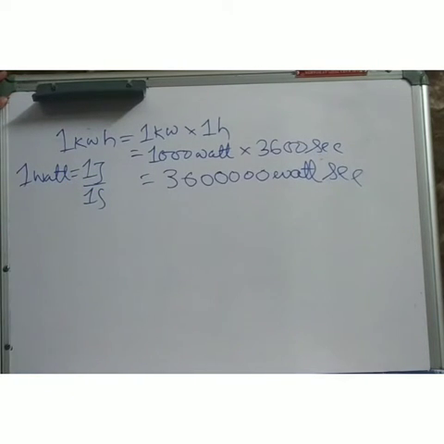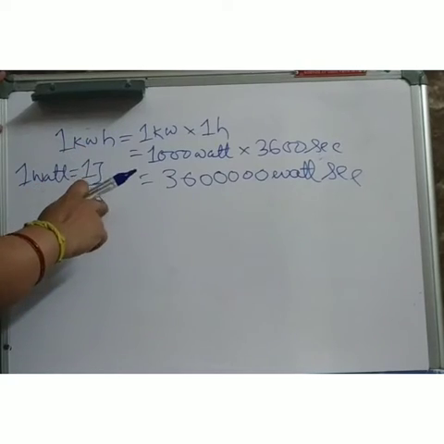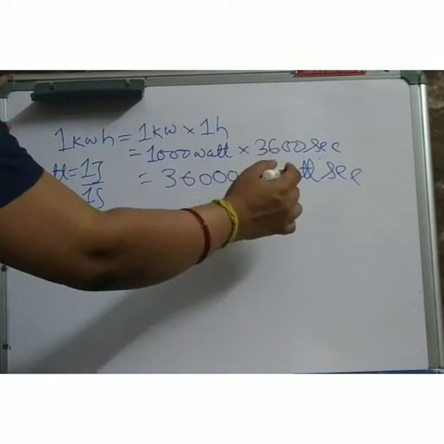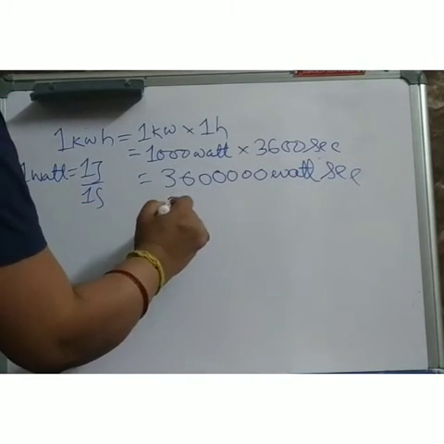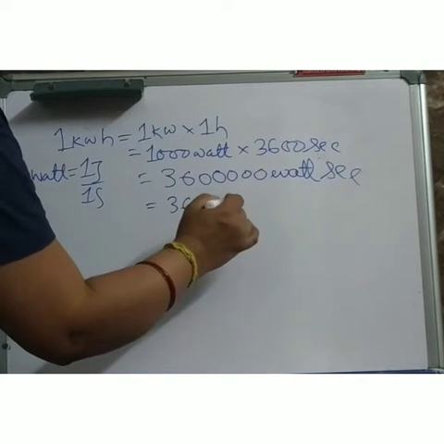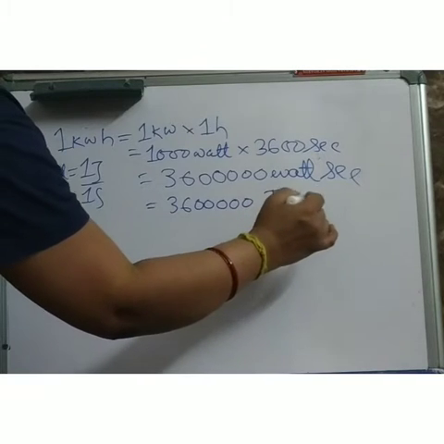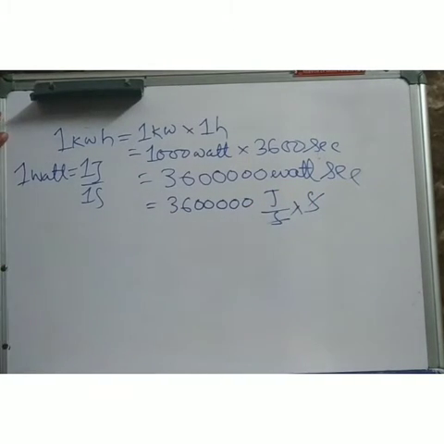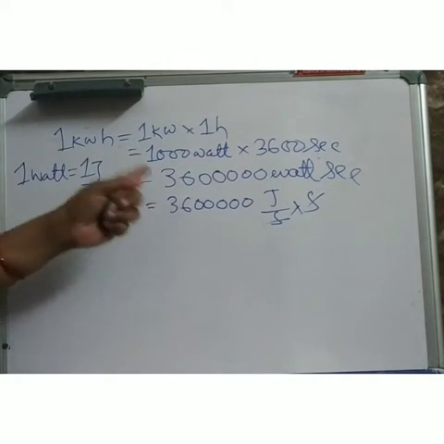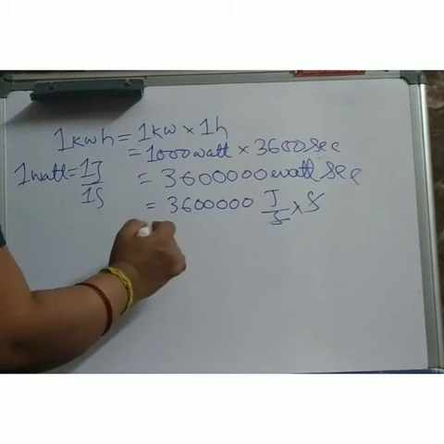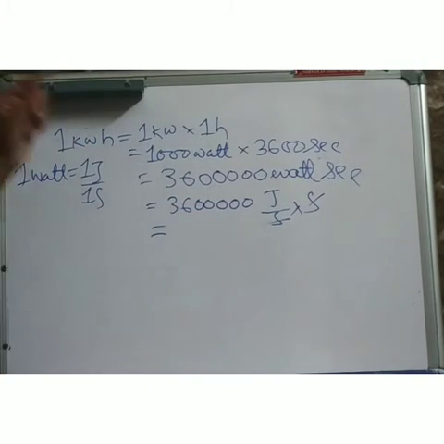Power is equal to energy by time, so energy in joule, time in second. So we can write in this place 3600000 joule by second into second. So joule gets cancelled. Now can you see the relationship we are getting? So how much is this?